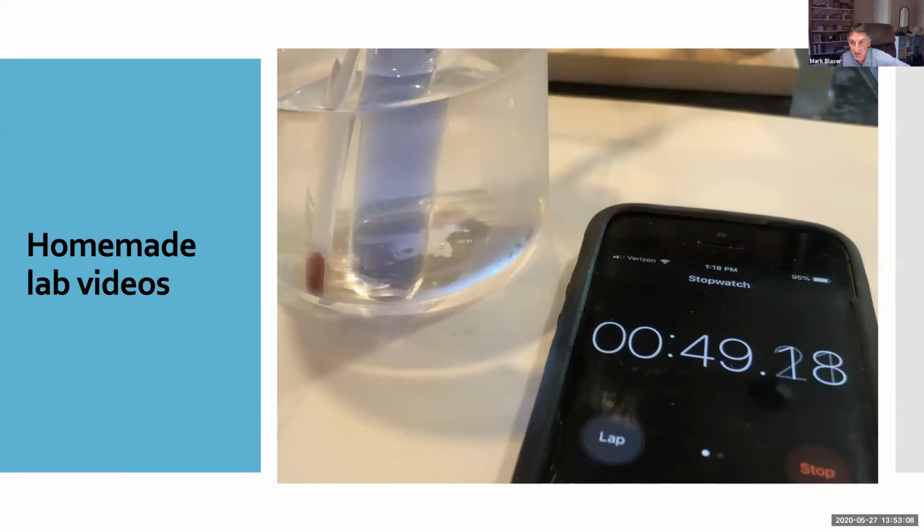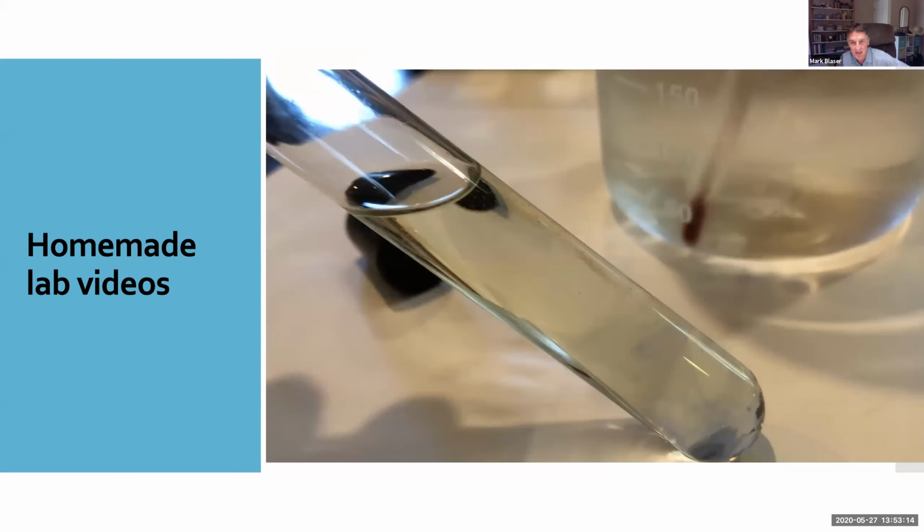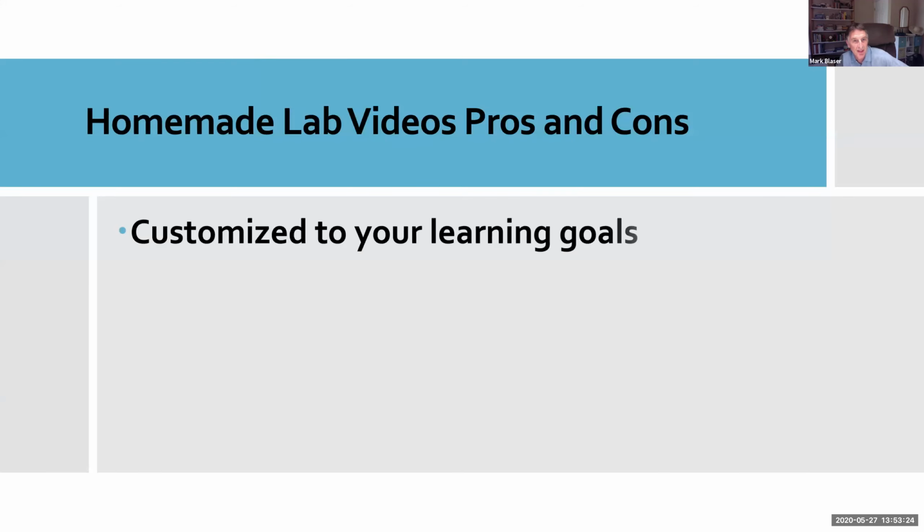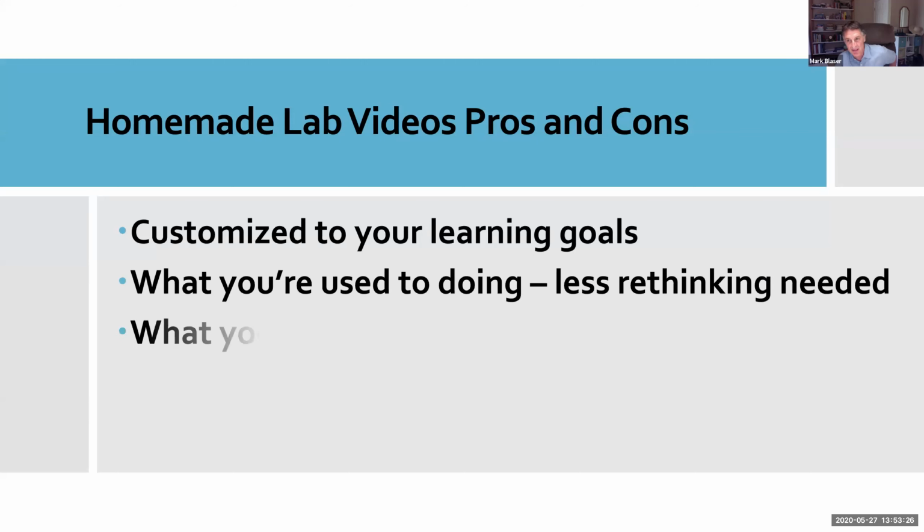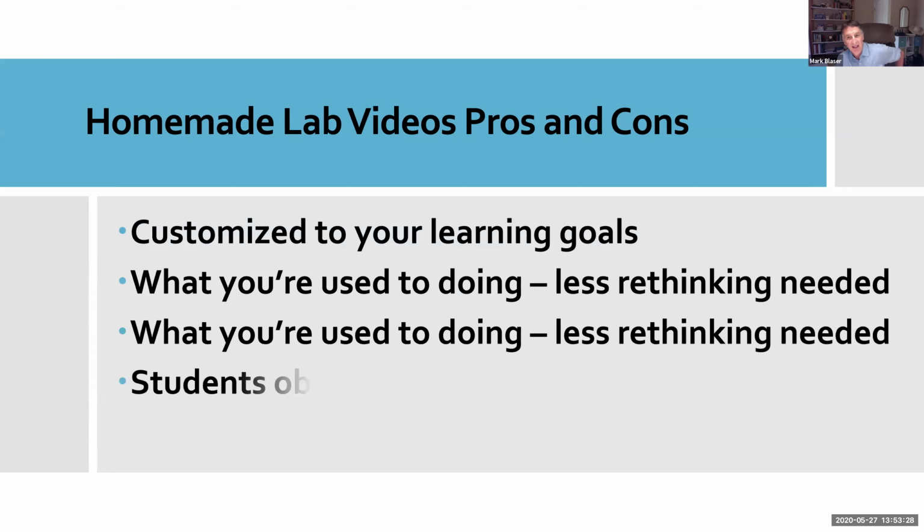So you literally video the lab, show the students what they would have done, and how long it takes for the color to change, and then the students do a lab report in the standard way. And I did a few of those this spring. Colleagues of mine have done quite a bit of that.